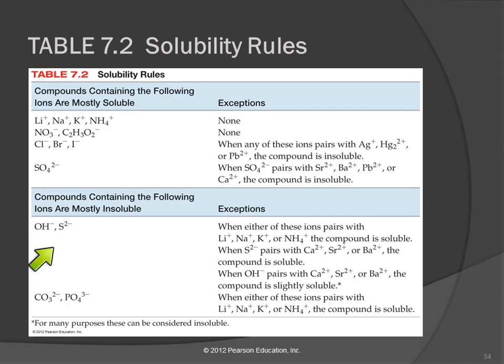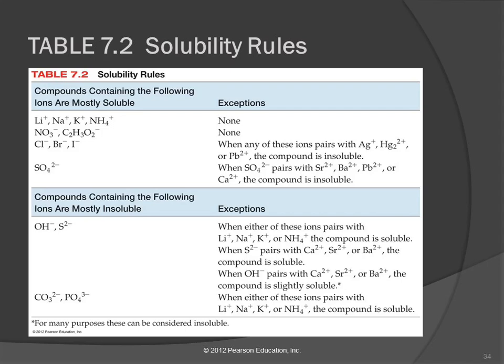The bottom, these guys are insoluble with some exceptions. So if you've got lithium, sodium, potassium, or ammonium, it's going to be soluble. If you've got sulfide with these guys, it's soluble. If you get hydroxide with these guys, calcium, strontium, and barium, it's slightly soluble.